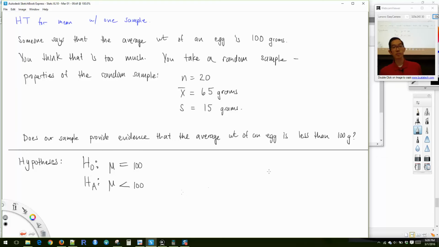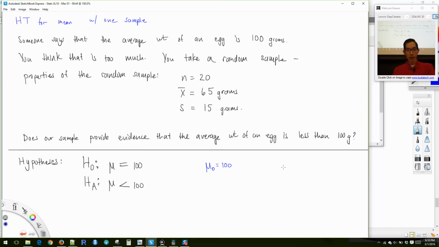So what is the value of mu 0? Mu 0 is equal to 100. This number 100 is our mu 0, which comes into play in our later formulas. All right, is this okay?